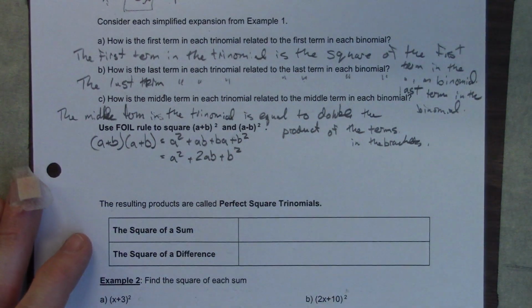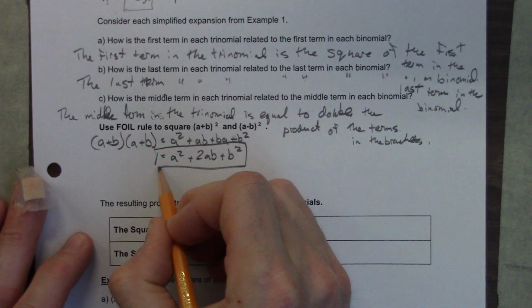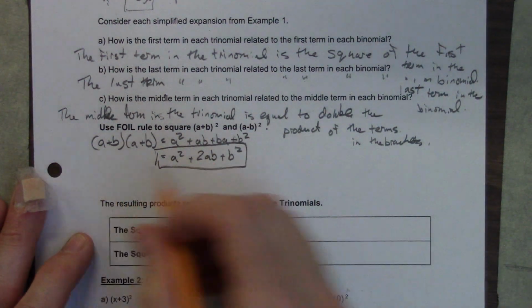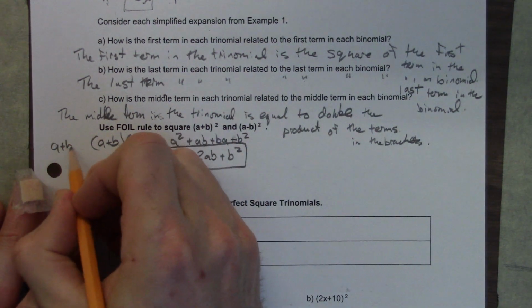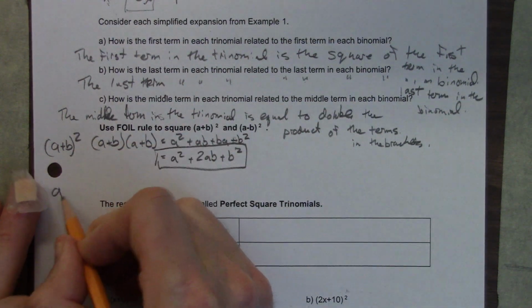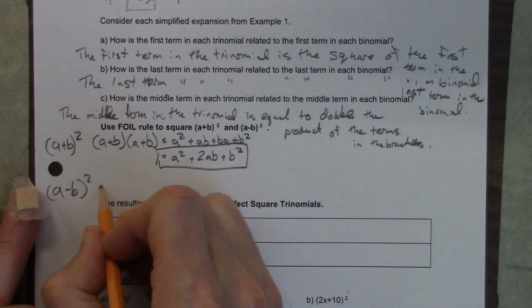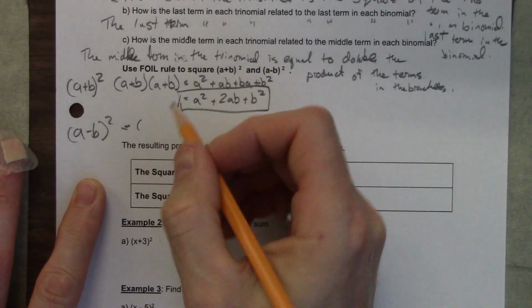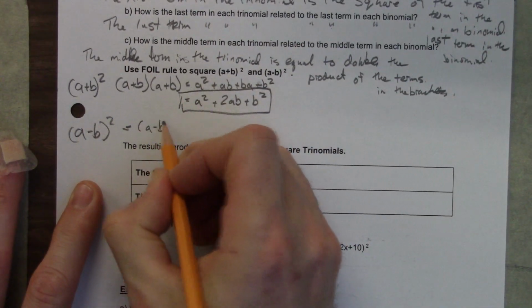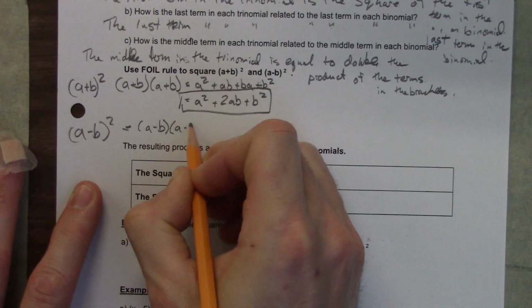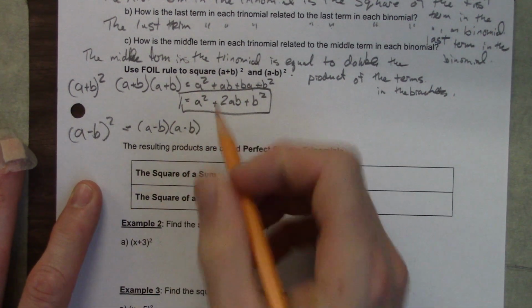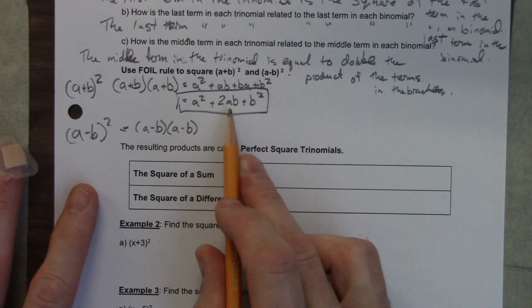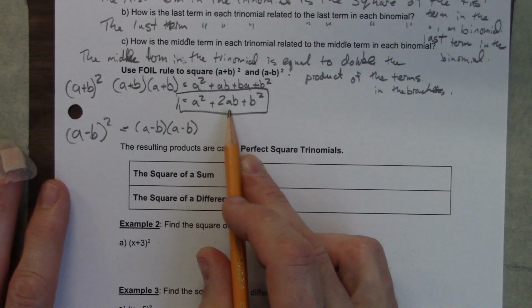Okay, so this is the formula that we are developing. Now that's for a plus b squared. A minus b squared is equal to... Sorry? Why is 2AB before b squared?